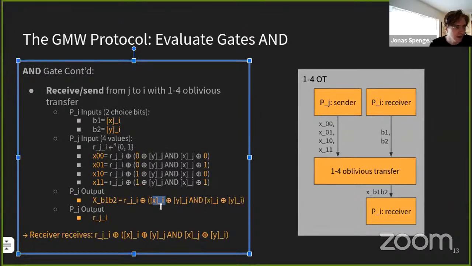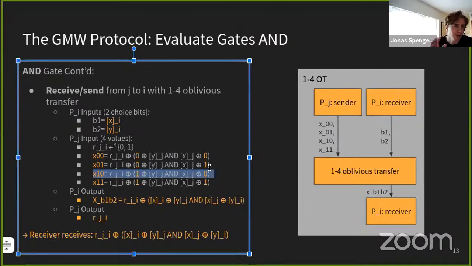And the authors had a nice idea to make it so that the receiver puts as an input to the oblivious transfer the values of xi and yi, such that if the receiver puts the values 0 and 0 for the shares it has, it would receive the first term. And if the receiver puts 1, 0, so xi is 1 and yi is 0, then it would receive this term.